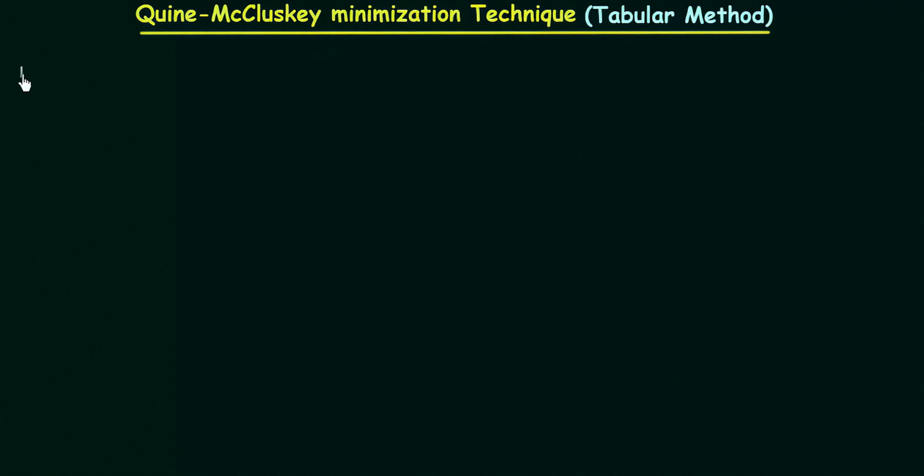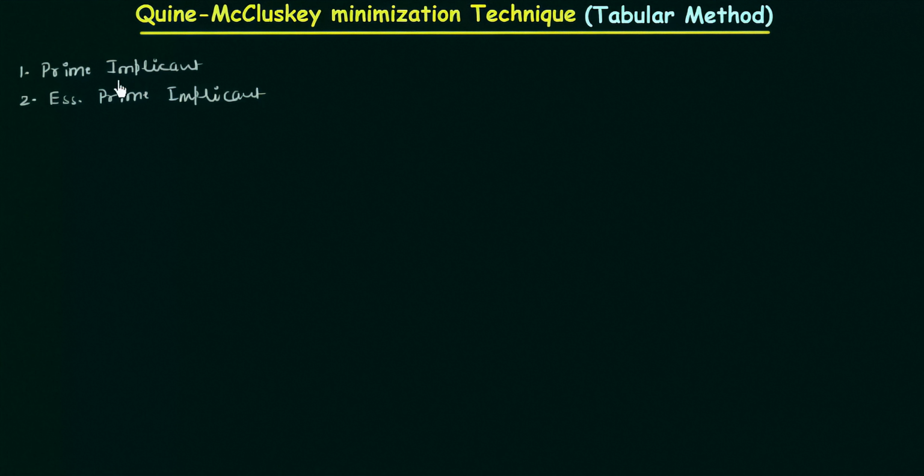So the first term is prime implicant and the second term is essential prime implicant. We have already studied implicants in the Kmap lecture, so I'm going to cover this quickly.